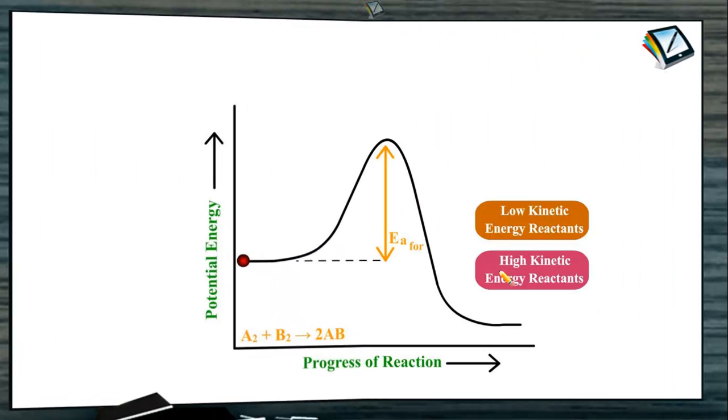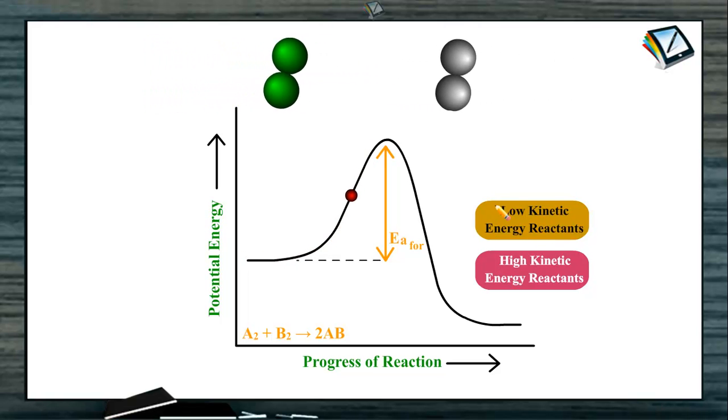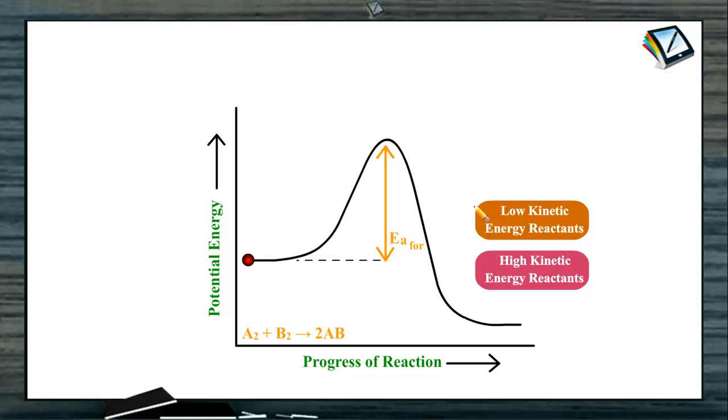Let me explain this concept by using the animation. Here, whenever the energy of the reactant molecules is less, they are unable to cross the energy barrier, and that is the reason why after collision they are rebounding back and products are not formed.